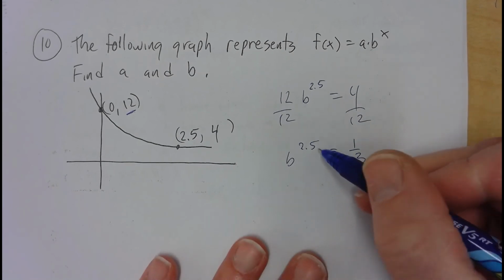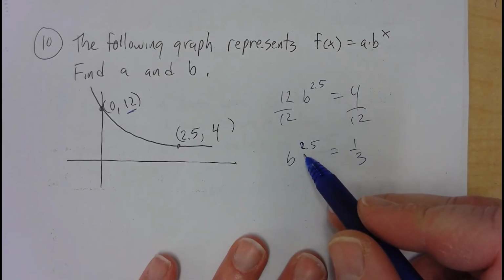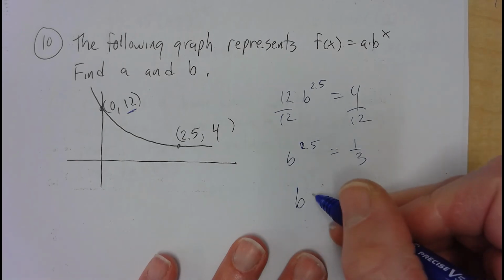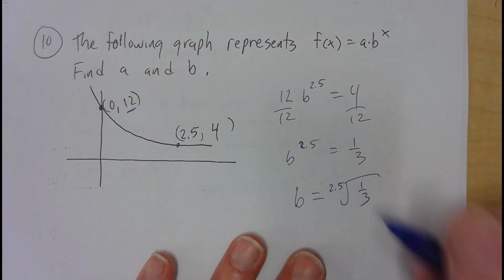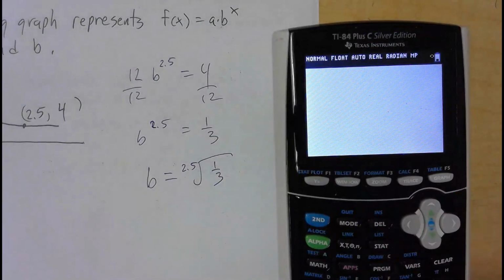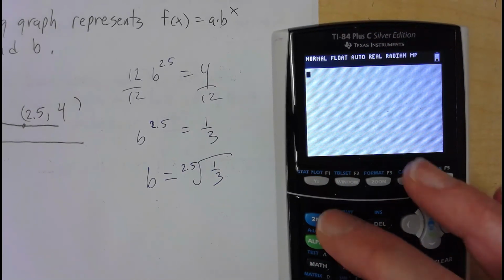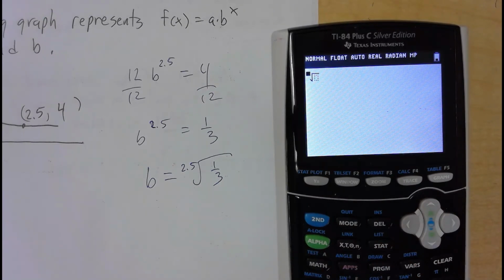Then you have to take, if it was 2, I would take the square root, but I'm taking the 2.5 root. So B is going to be, take the 2.5 root of each side of the equation. So we'll type that in together. So it's going to be nth root, that's square root, math menu, nth root is number 5, and it's 2.5, and then 1/3.